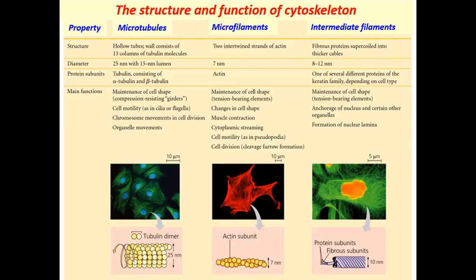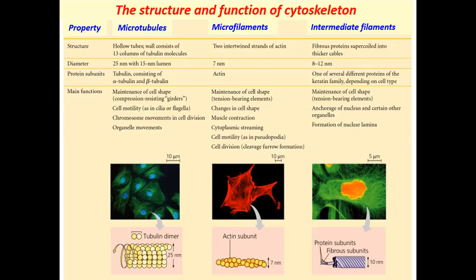And then you can see microfilaments. Microfilaments have two intertwined strands of actin. Always two strands, they intertwine together. That is called actin filaments. They are the smallest diameter, 7 nanometer diameter.